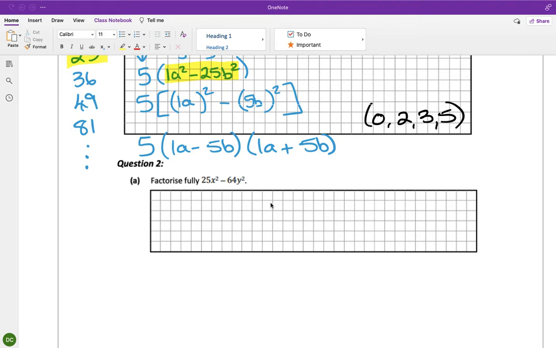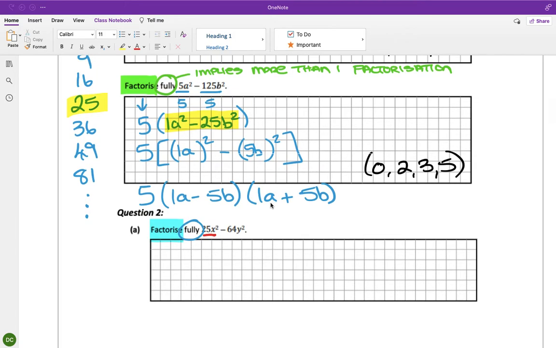Question 2. Again, we have factorize, but we also have factorize fully. So might imply that there's more than one factorization, perhaps not. So this one is, oh yeah, okay, I don't think it does. This one is an x squared and 25 is up here on this list.